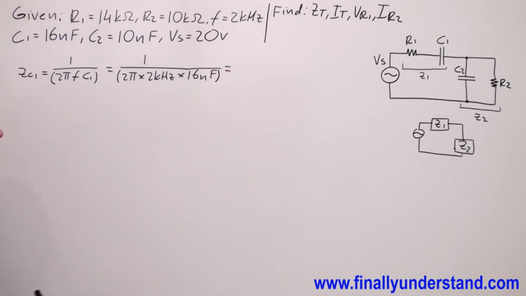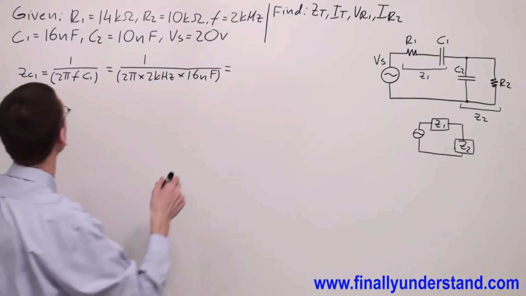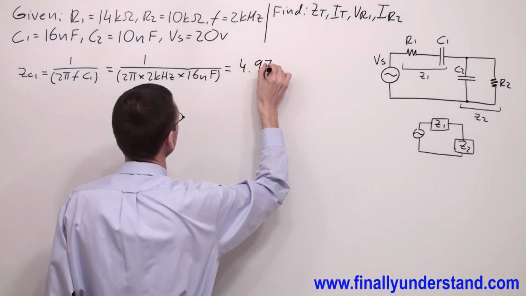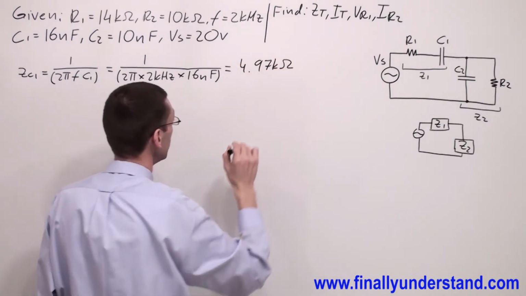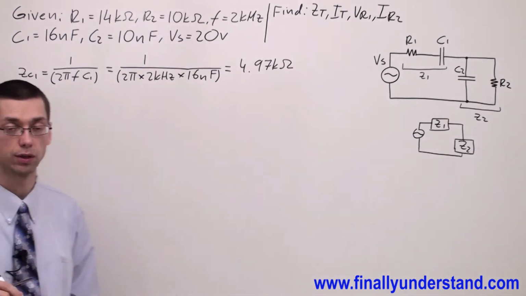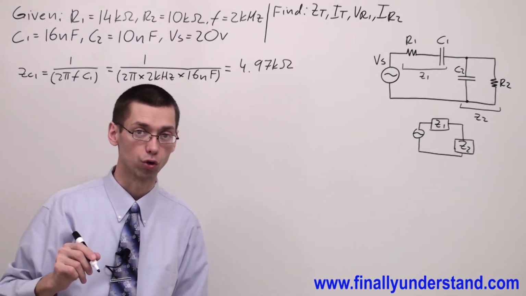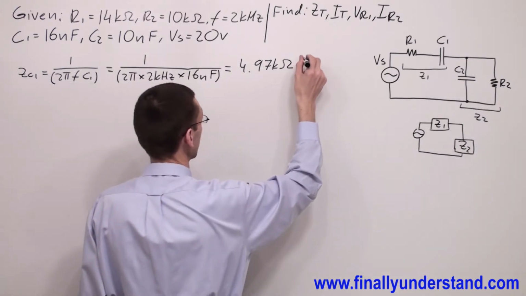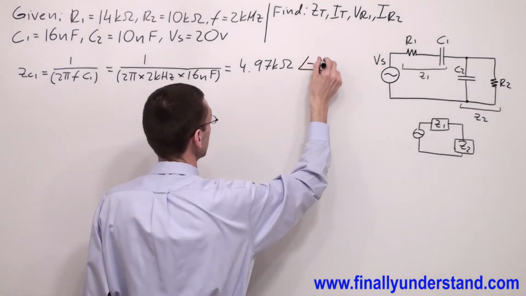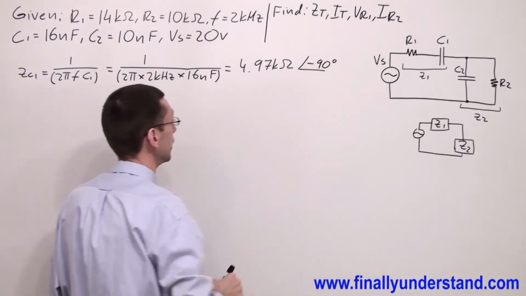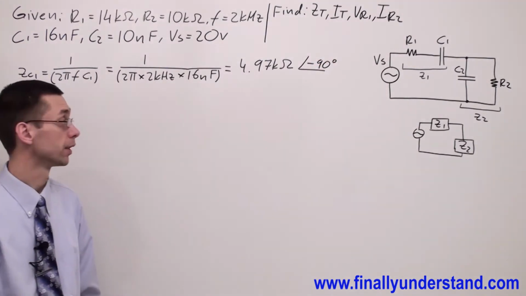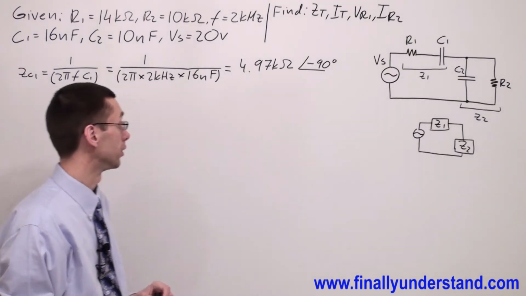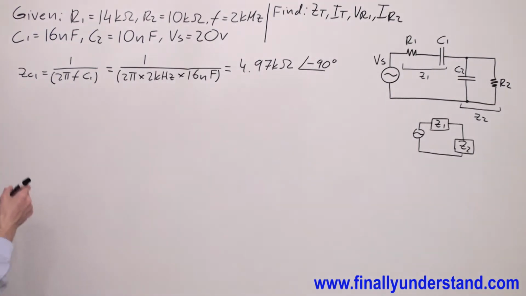Plugging these values into the calculator, you're supposed to obtain the value of 4.97 kilo ohms. And keep in mind that anytime we talk about the capacitive reactance or impedance of the capacitor, we're supposed to remember the angle of negative 90 degrees or negative j. Okay, but we are going to use polar form most of the time. That's why I use angle negative 90 degrees.